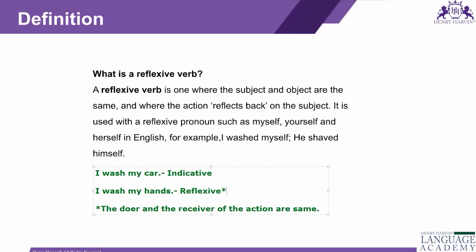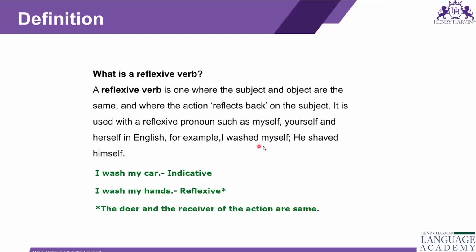A reflexive verb is one where the subject and the object are the same, where the action reflects back on the subject. Mostly used where we use pronouns like myself, yourself, and herself.